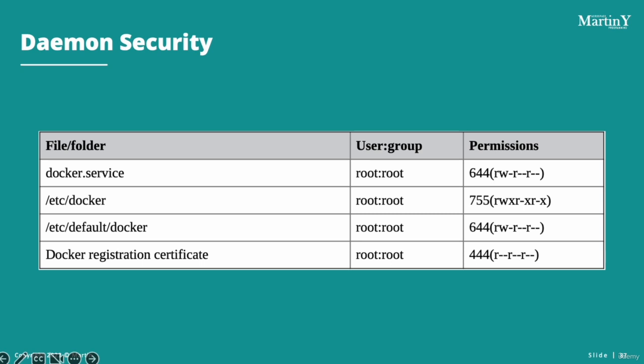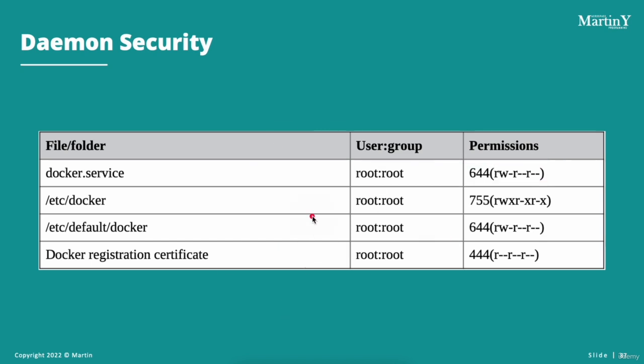In front of you, you can see a table with a list of default permissions of each file that is part of the Docker daemon. Obviously here we have R for read, W for write. If you're not familiar with the permissions and how they're selected, definitely check them out. They are an important part of every Linux distribution.